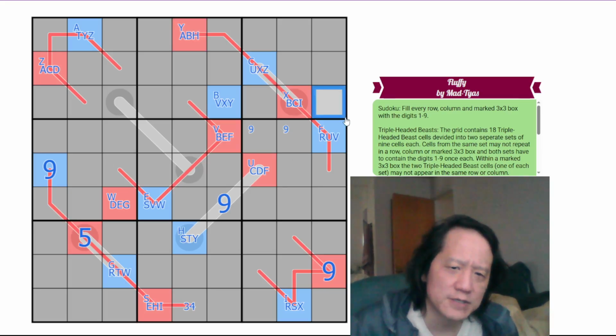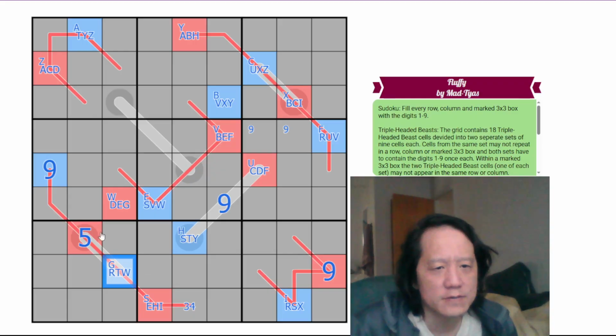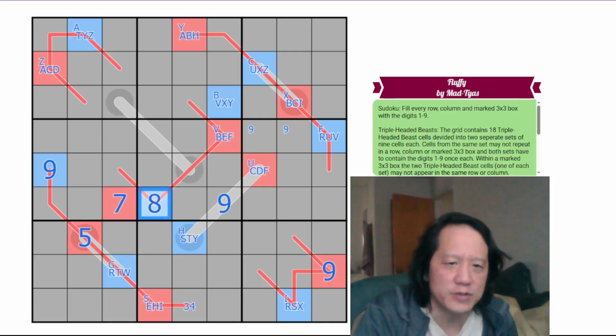I think it was if I tried this as 7. No, that's not right. So 5, 7, 9, this would be 7 then, if that's the case. Which means this can't be 7. This would be 8.